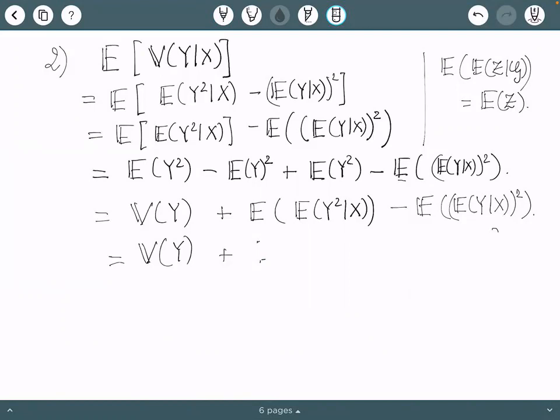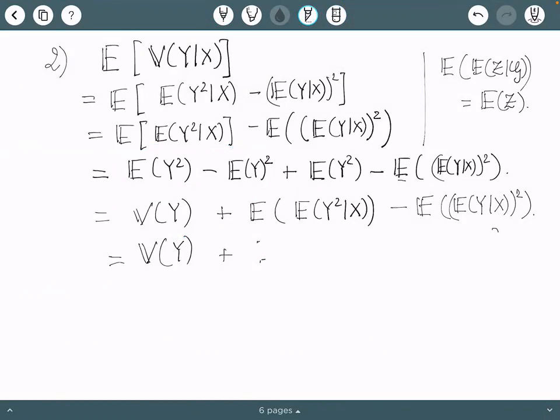Here it is a variance, yes. The variance should be at the beginning. And the last term, you should start with the variance.